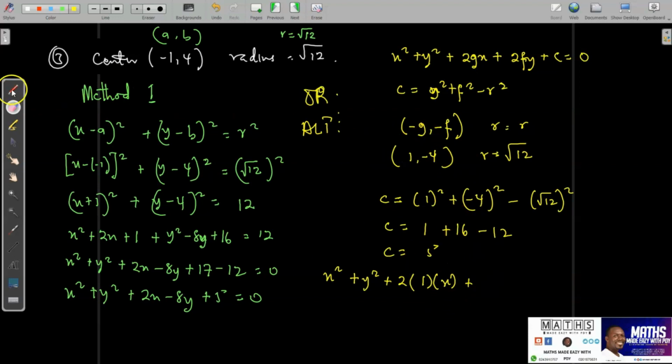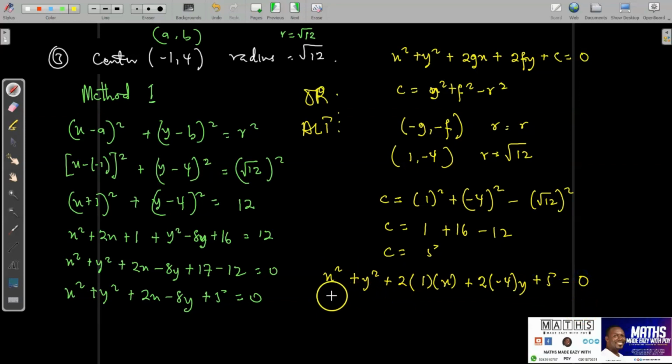Okay, so let's go ahead. Then we have 2 multiplying f value, which is negative 4, times y. Then our c value was obtained as plus 5, equal to 0.